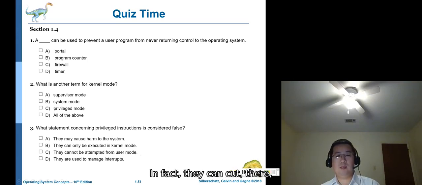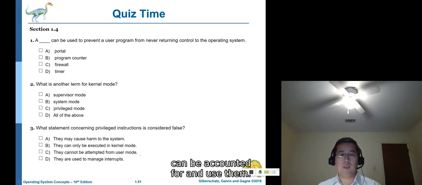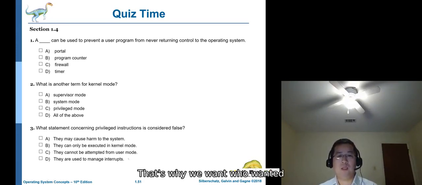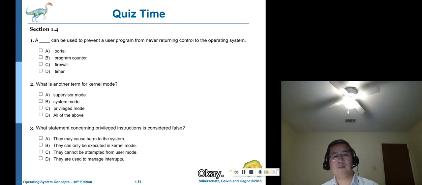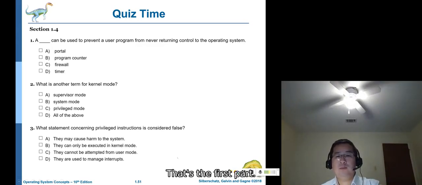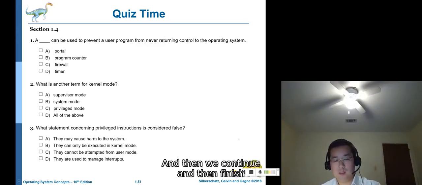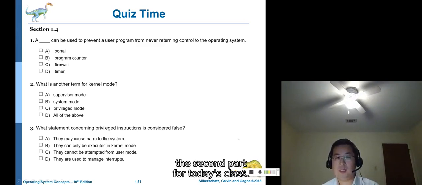In fact, they can be attempted from user mode. That's why we want to assign a higher privilege. Okay, that's the first part, and then we'll continue and finish the second part for today's class.